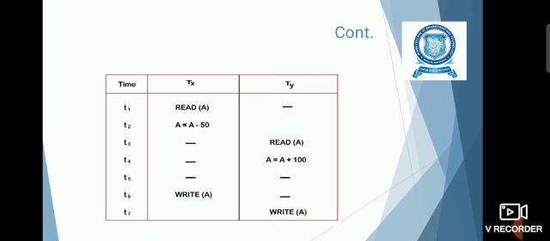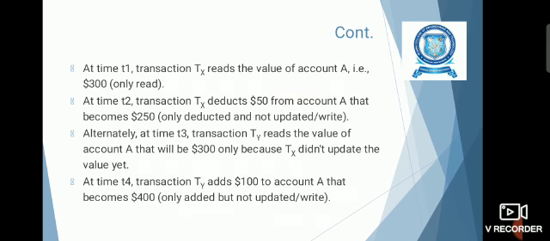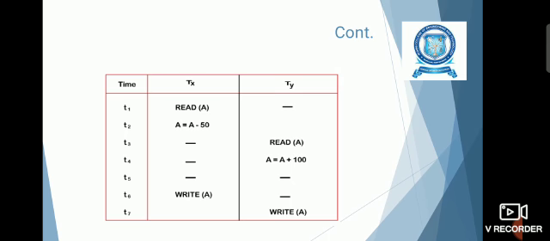It has not executed the write operation; it is only reducing 50 from A's amount. After that, at time T3, transaction Ty reads the account A. At time T4, transaction Ty adds 100 to the previous amount of account A.